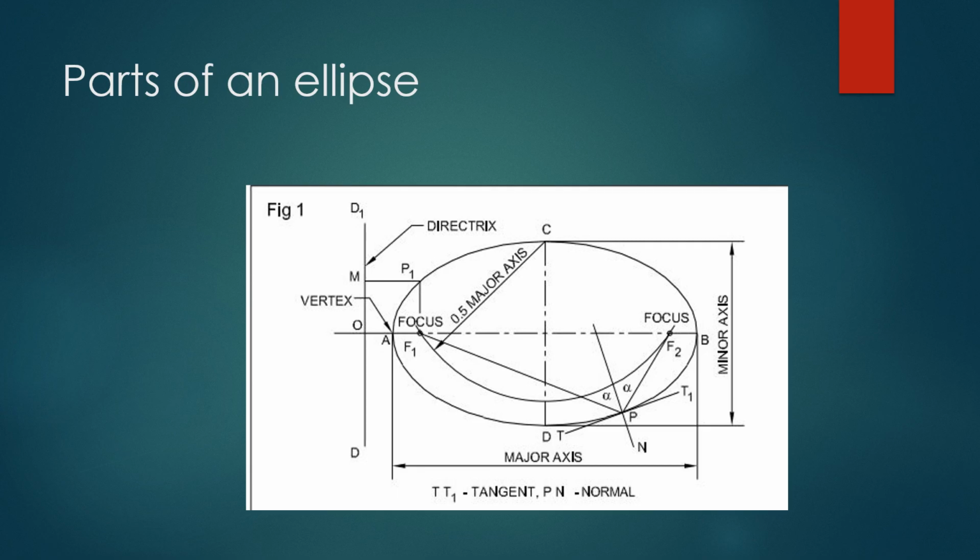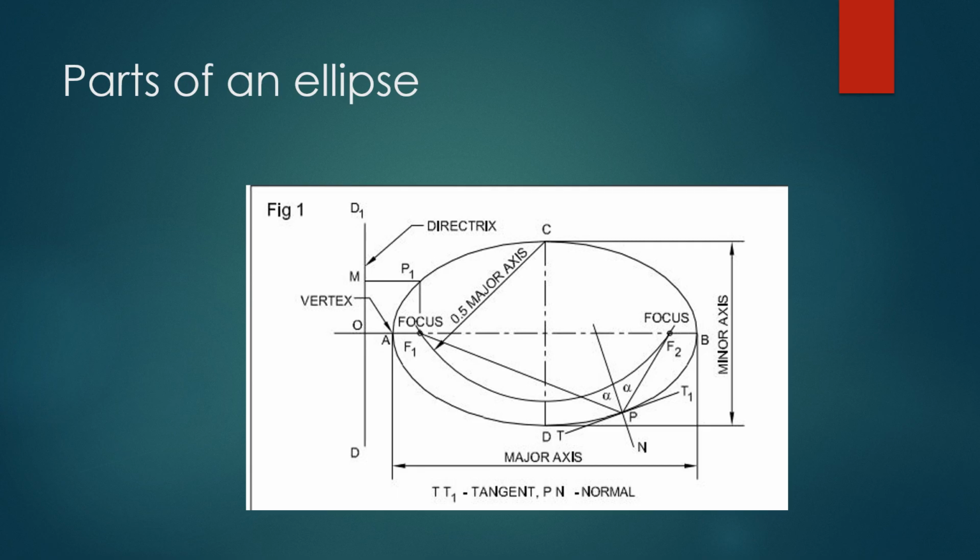It's also worthy to note that there is another part called the directrix, and the directrix is perpendicular to the major axis. In our diagram it is noted by D1, O, D. That's our directrix.